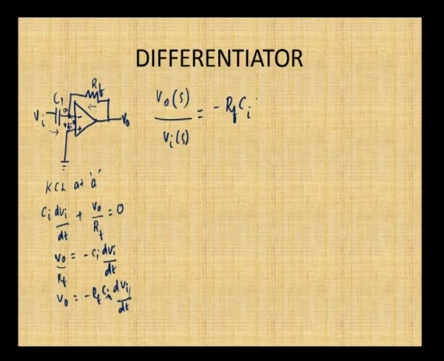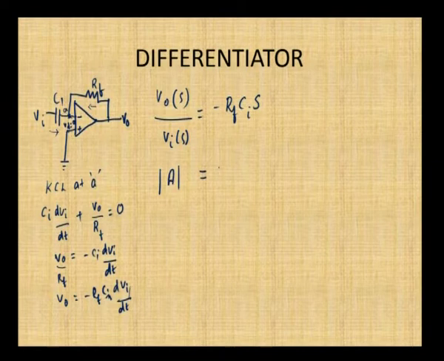Instead of the differentiation, I can give S in the numerator. Since we have Vi on the left hand side, we need not have it on the right hand side also. And if you take modulus, I can say V naught by Vi, or V out by Vi, as the gain of the differentiator.